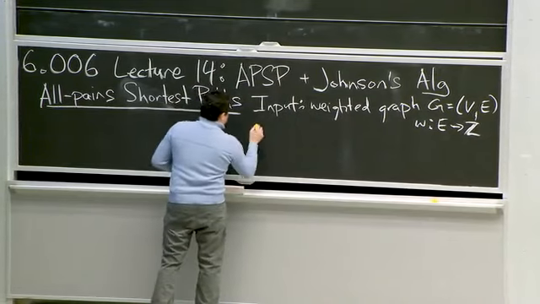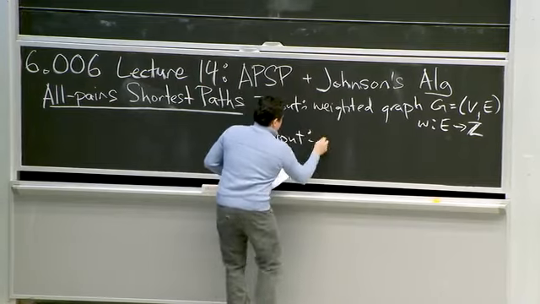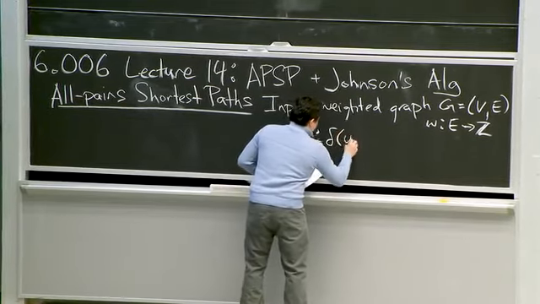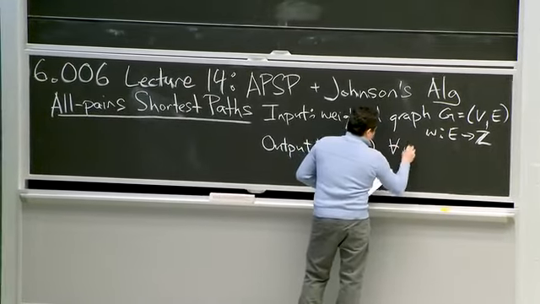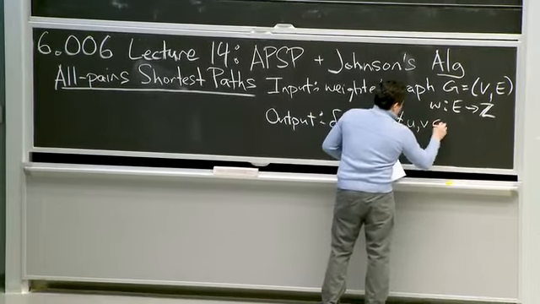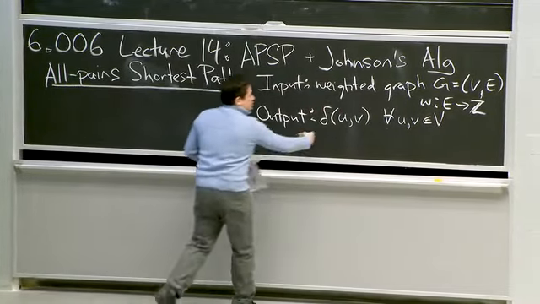We want our output to be the shortest path distance delta(u, v) from u to v for every u and v in our vertex set, right? That's what we want to return.